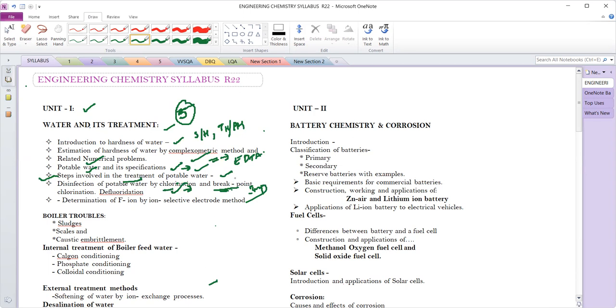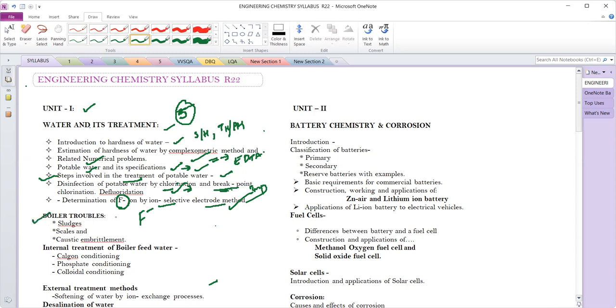Defluoridation means the removal of fluorine, the excessive fluorine. That will also be important. And the determination of fluoride ion by means of the ion selective electrode method is also there in this topic. Next one is boiler troubles.